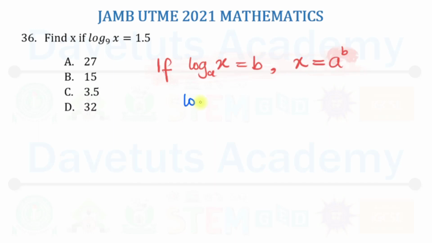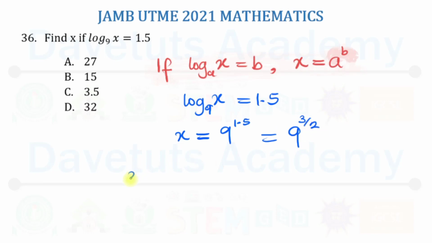In this particular case, we just want to apply that directly. For log x to base 9 giving us 1.5, x that we are looking for is 9 raised to power 1.5. So 9 raised to power 1.5 is 9 raised to power 3 over 2.